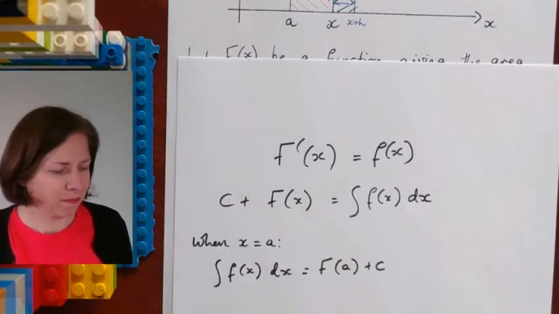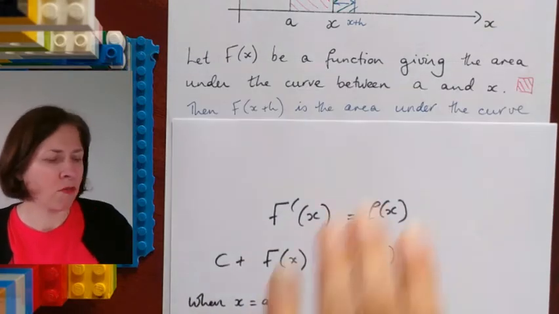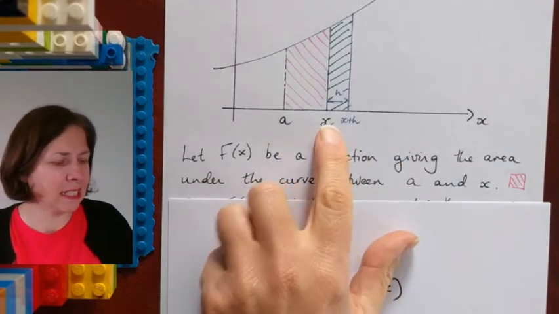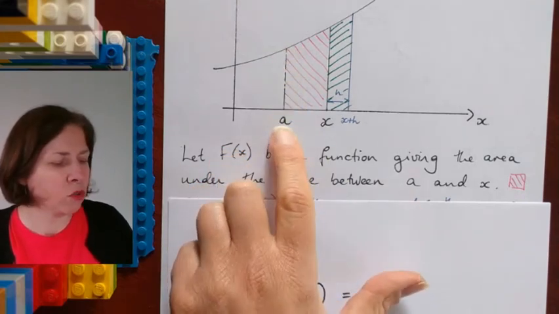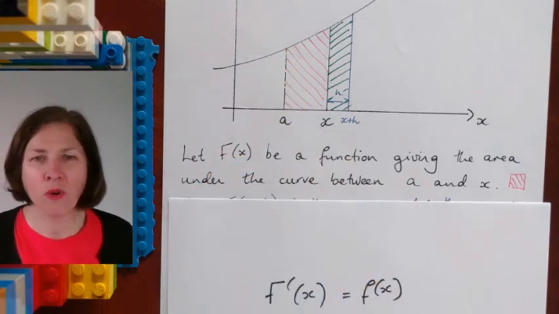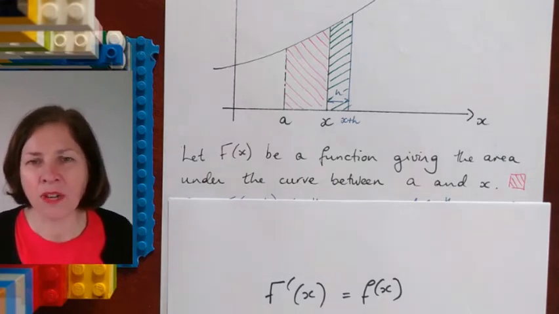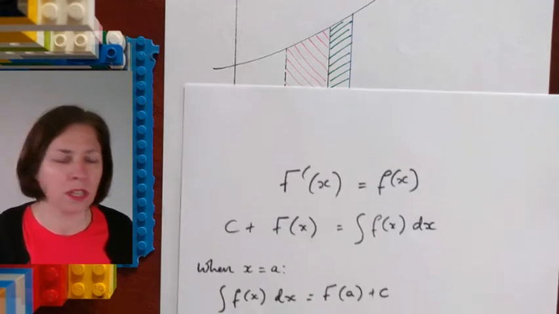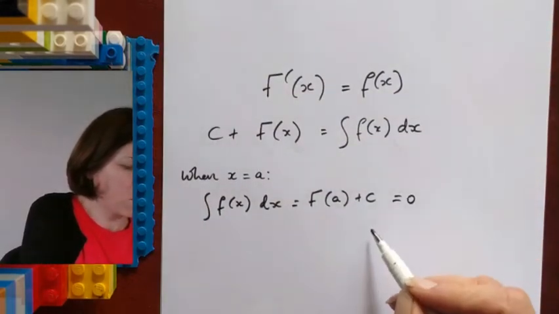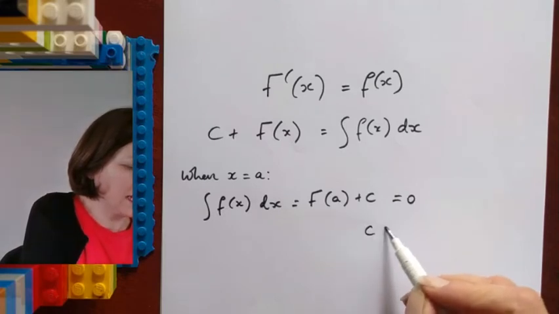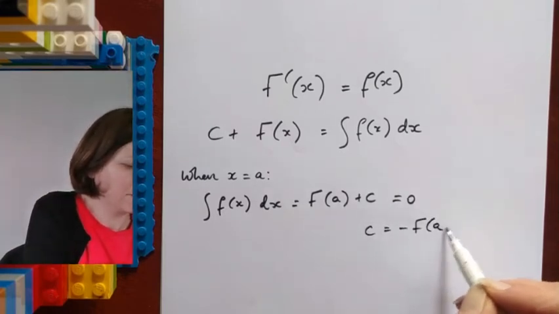But if x equals a on my graph, then that means x is literally sitting on top of a, which means there is no distance at all between a and x. So we know, therefore, that the area under the graph between a and a is going to be 0 because it will have no width at all. So I know that this equals 0, and I therefore can say c is equal to negative F of a.